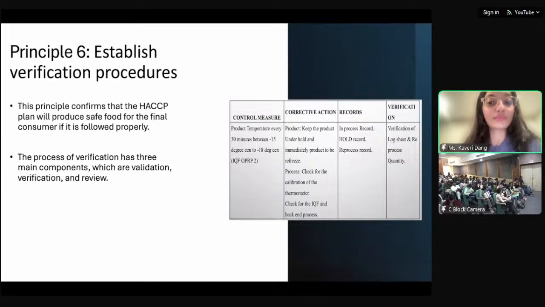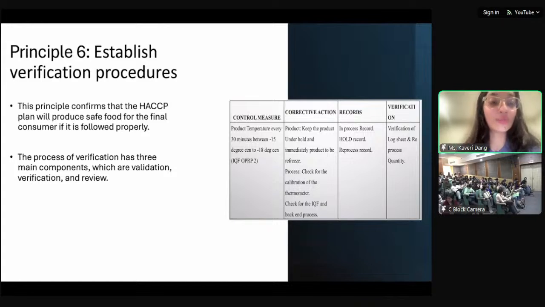And not just the temperature, first, we need to make sure that our standard or our thermometer against which we are checking needs to be calibrated. This is also a corrective action. Now, we need to be recording our temperatures, what the actual problem was, what actual temperature this product was found at.